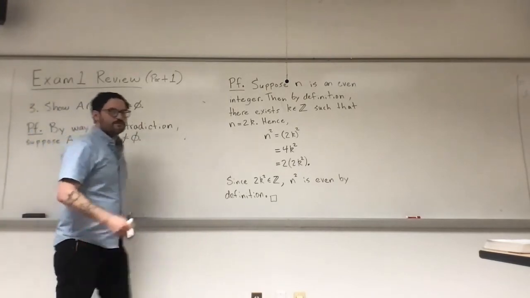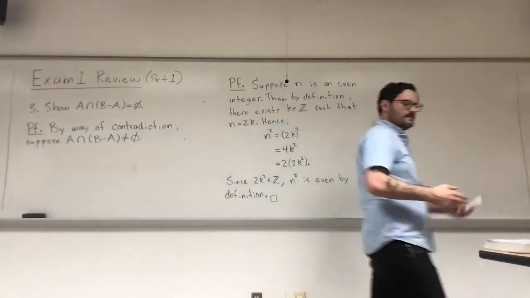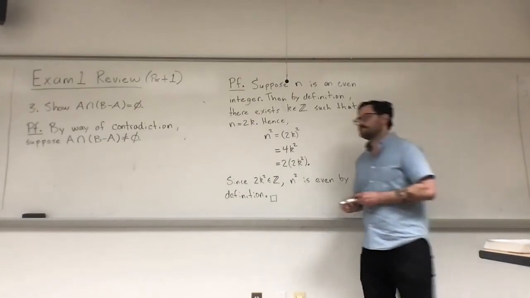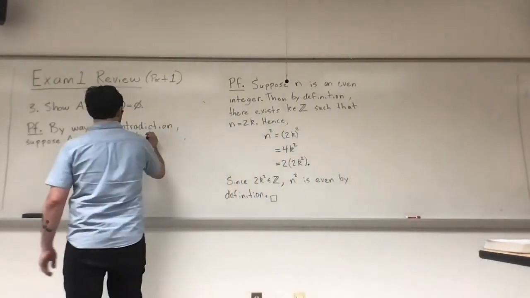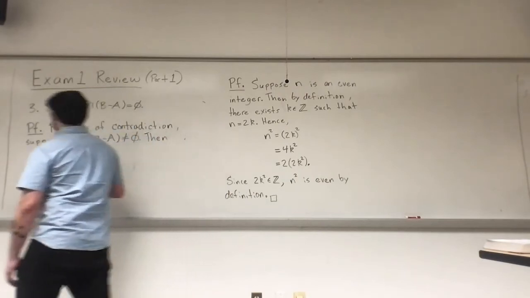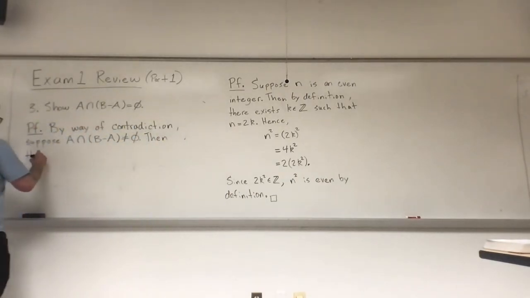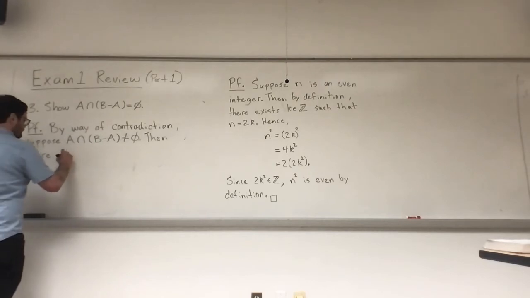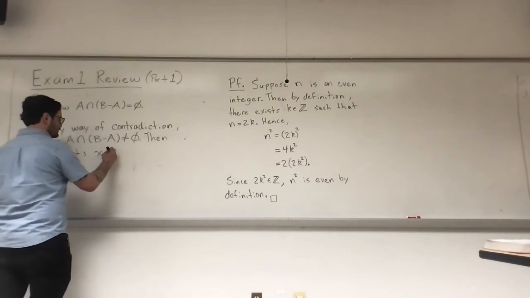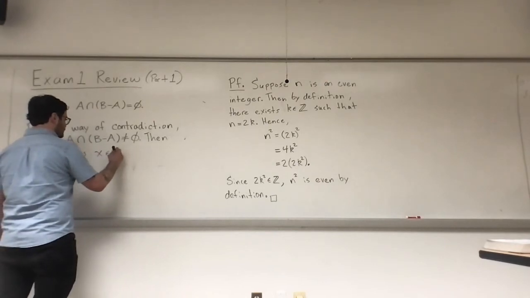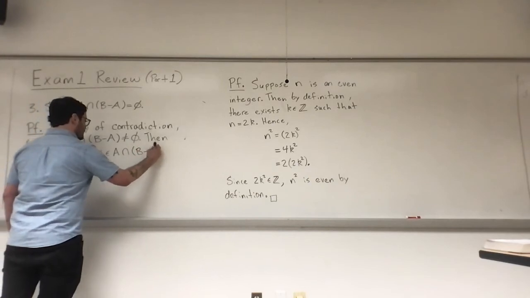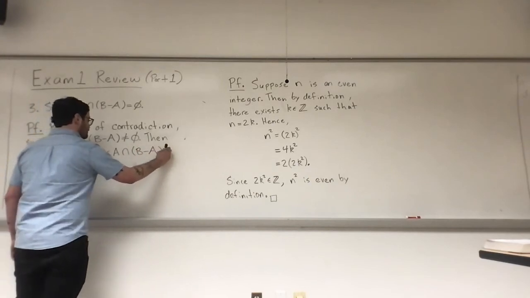The empty set is a set with no elements, so we're assuming it's not empty, which means there's at least one element in that set. So you can say that then there exists an x that is in there. We're assuming that it's not empty.